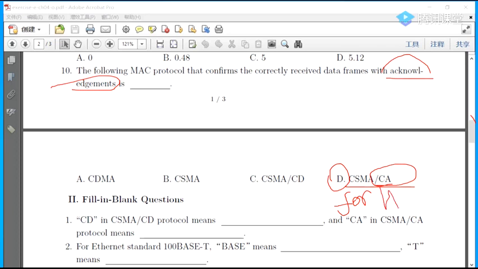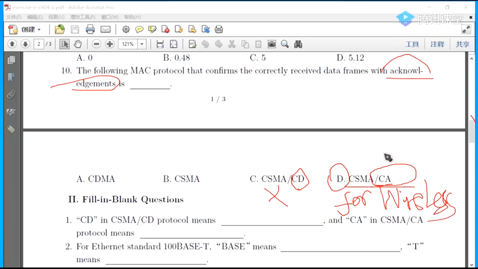For wireless, right? For wireless local area network. CSMA/CD is without acknowledgement. So the answer is D.